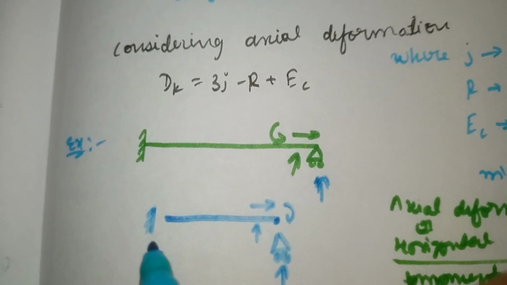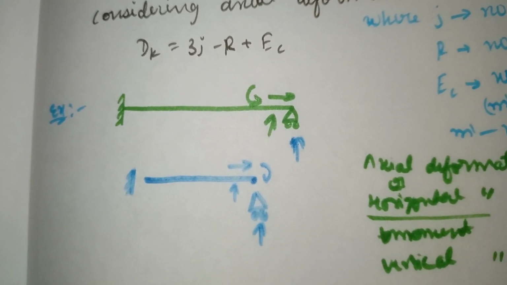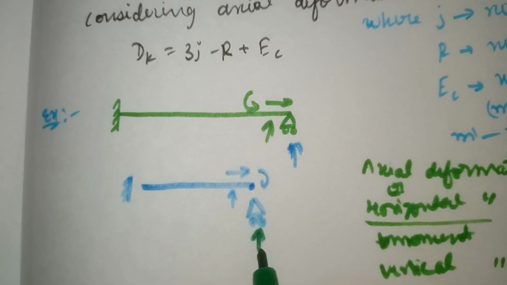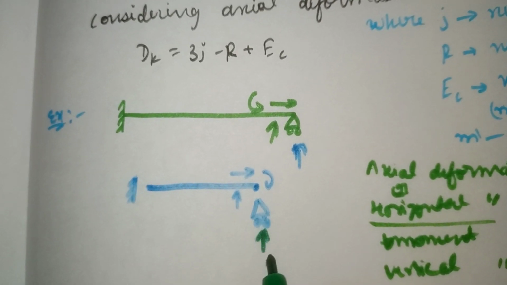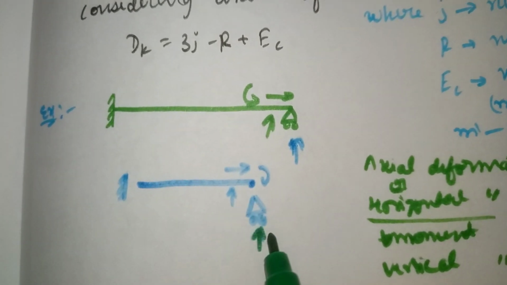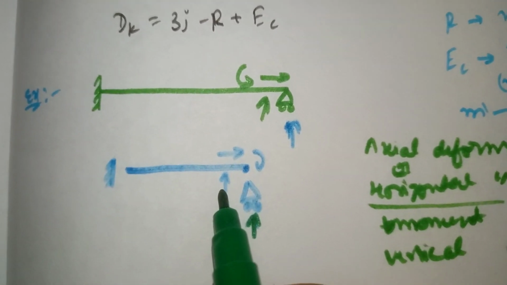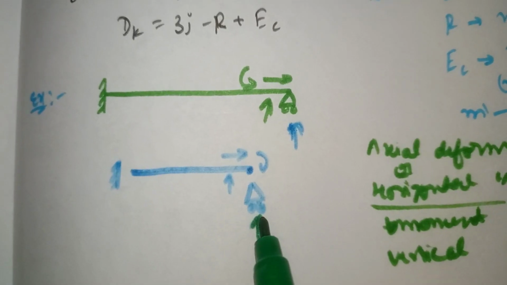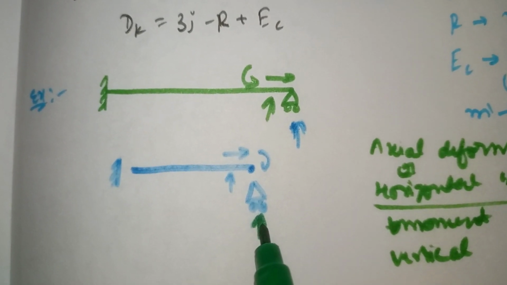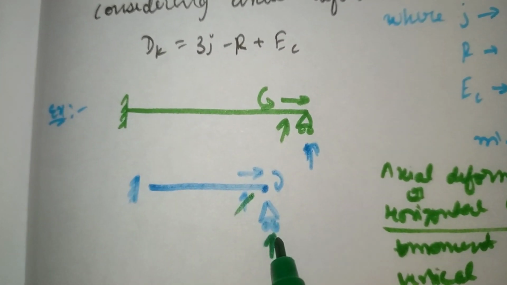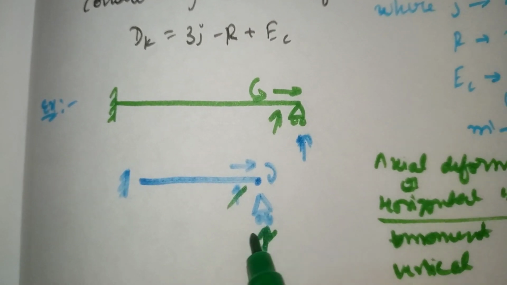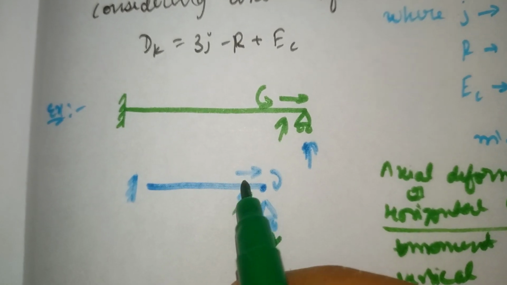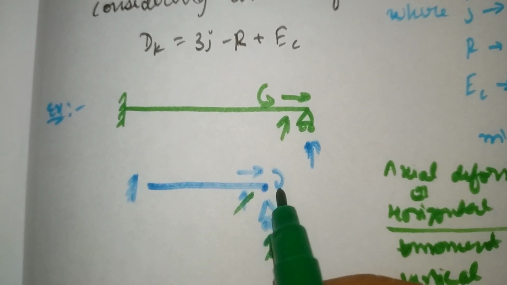At the roller, the vertical deformation is trying to occur, but the reaction is there in the opposite direction, so both cancel each other. So at the roller support, the deformations that remain are horizontal and moment.